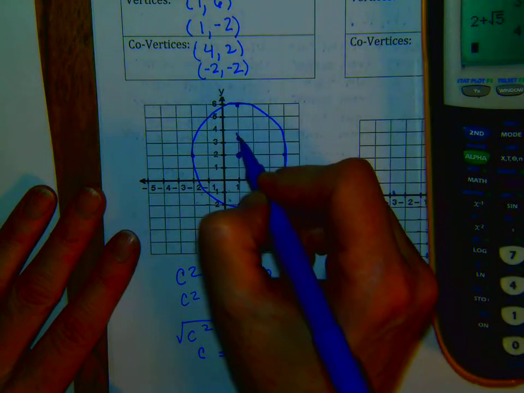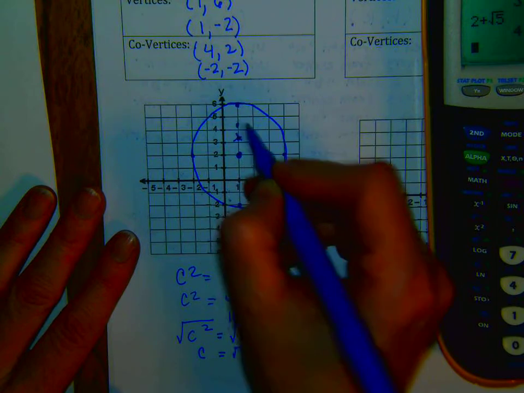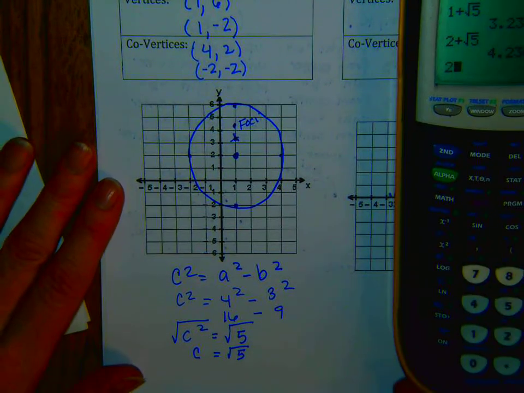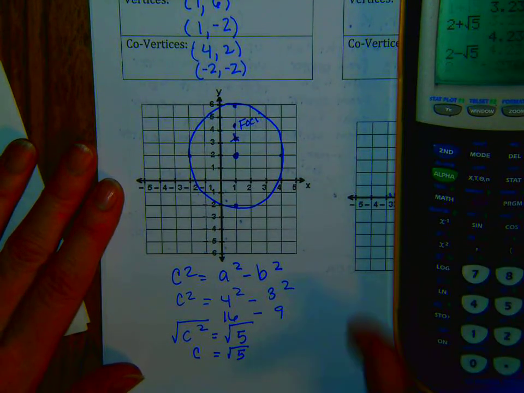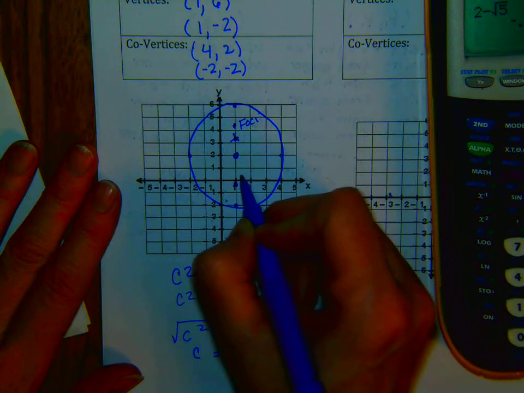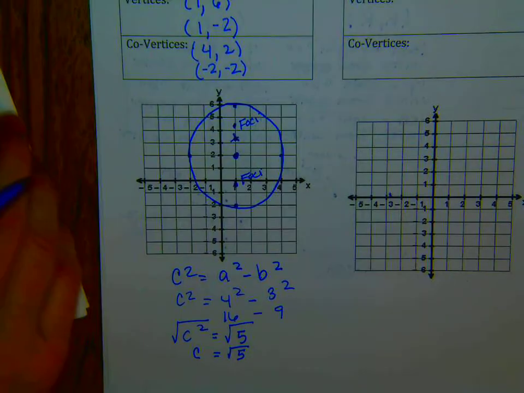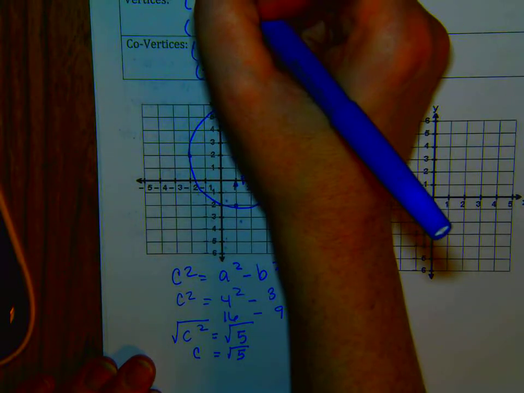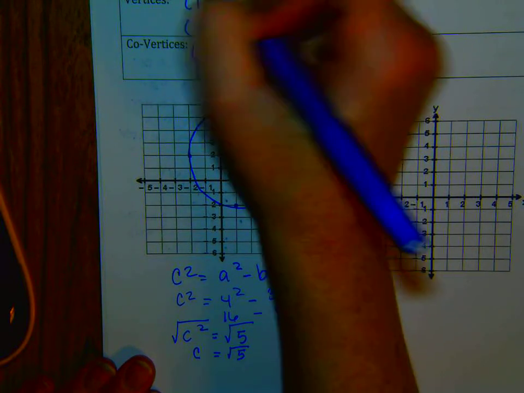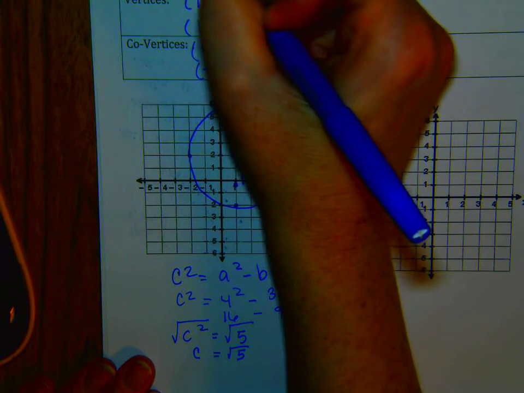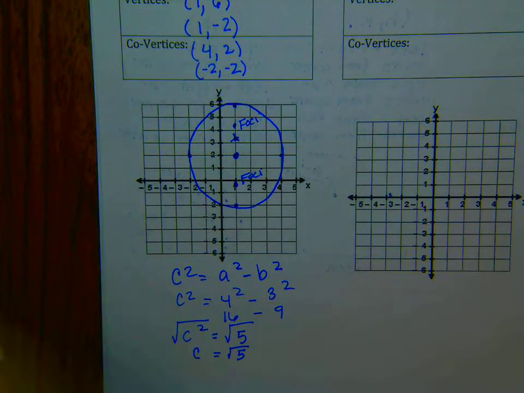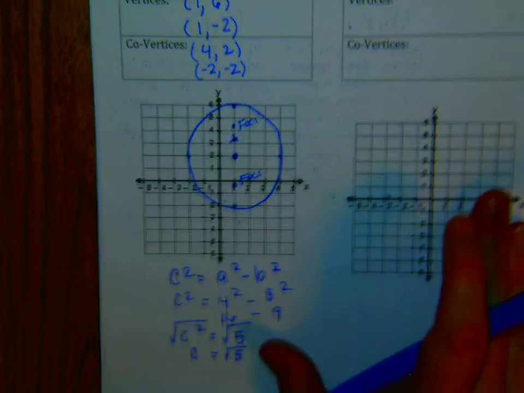That is a focus, and then 2 minus the square root of 5 is negative 0.23, and that's the second. Those are the foci. Okay, so that gives me this ellipse, which is starting with this center.